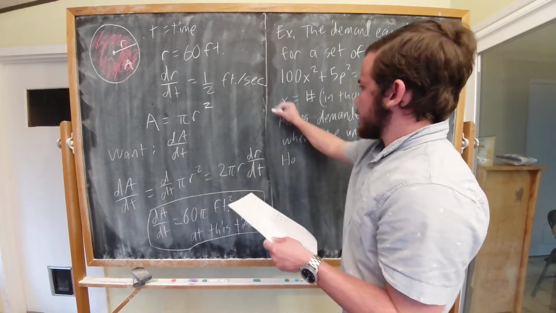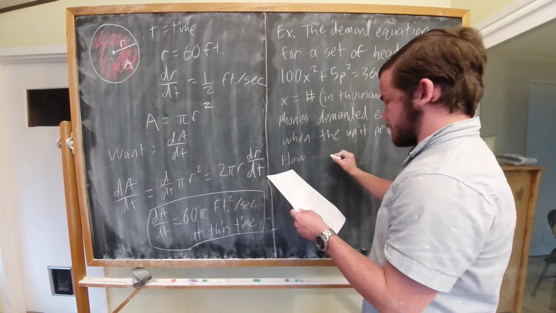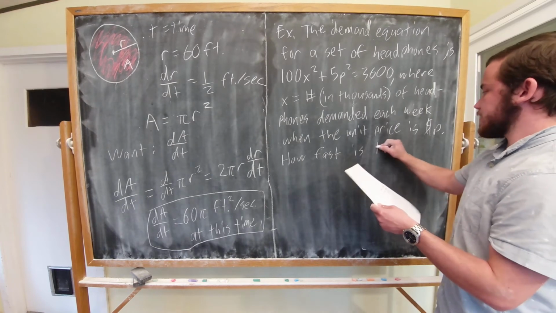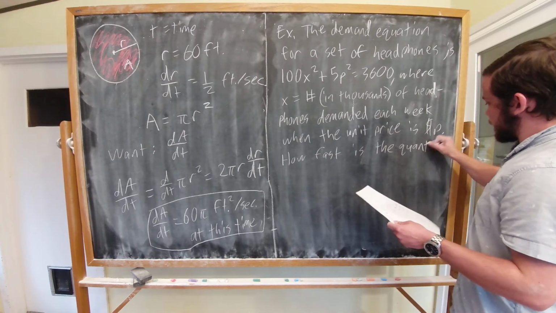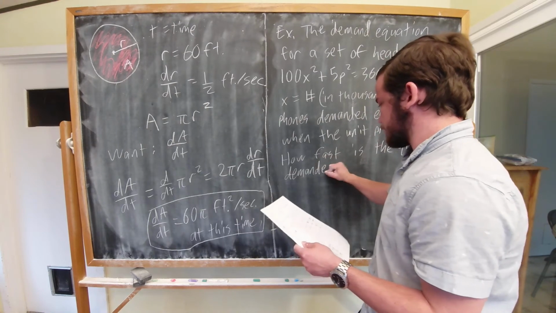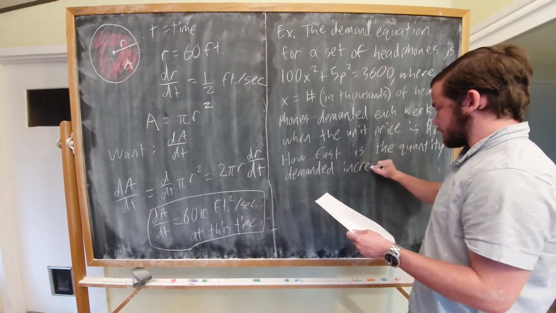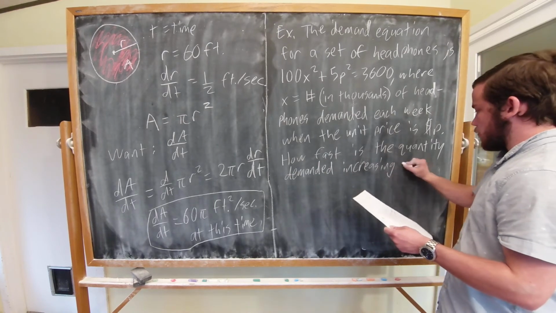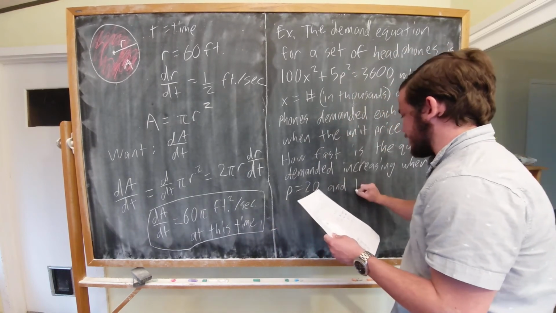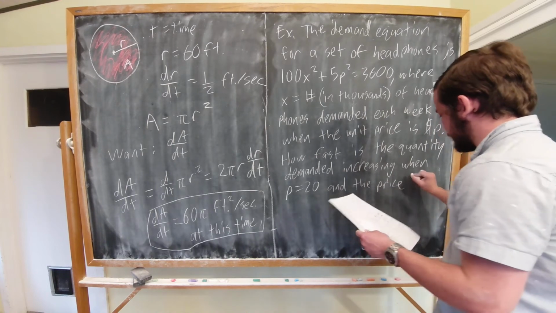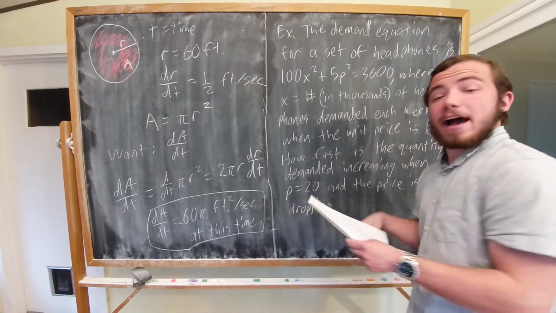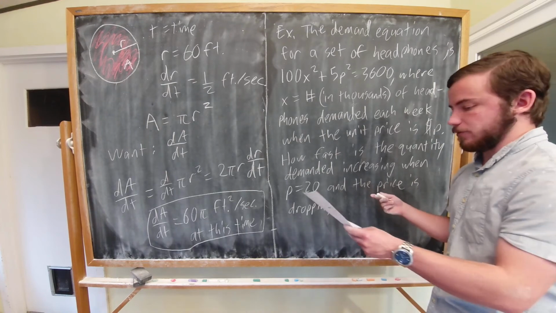And we ask ourselves the question, how fast is the quantity demanded increasing when p is equal to 20 and the price is dropping at the rate of 15 cents per headphone per week.